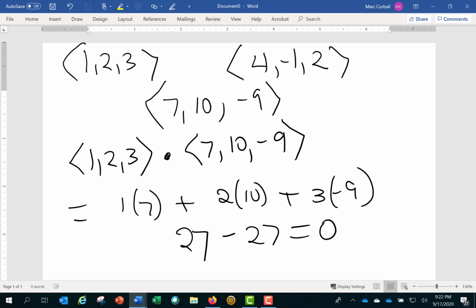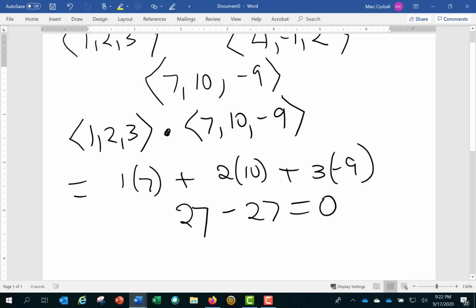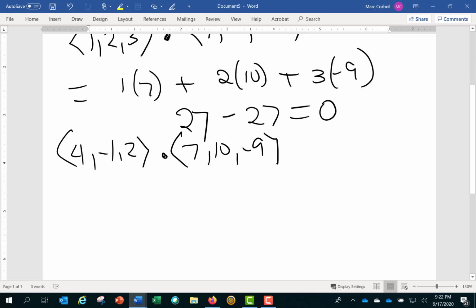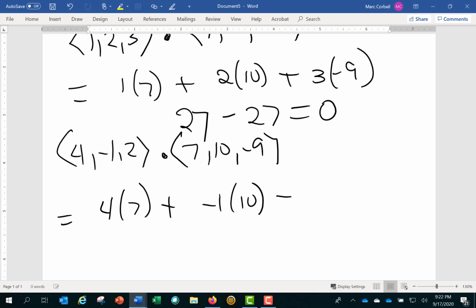Not surprising, these vectors are orthogonal. If I choose 4, minus 1, 2 and dot that with 7, 10, minus 9 again, the dot product should be 0. So 4 times 7 plus negative 1 times 10 plus 2 times negative 9.